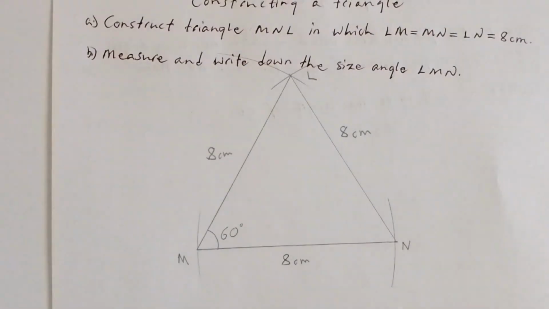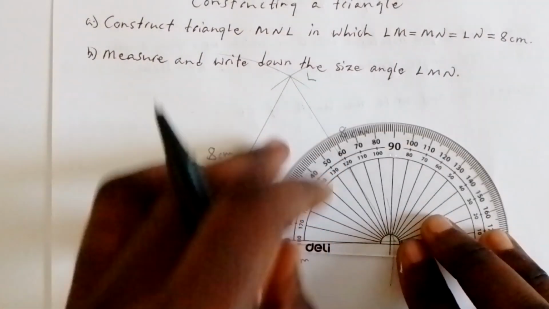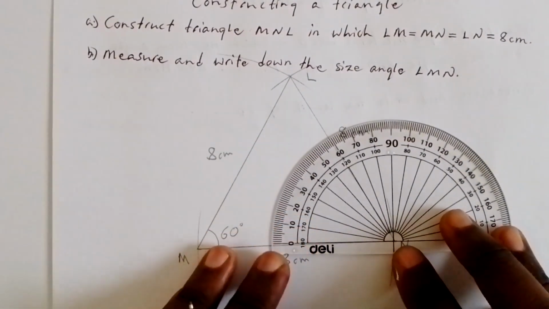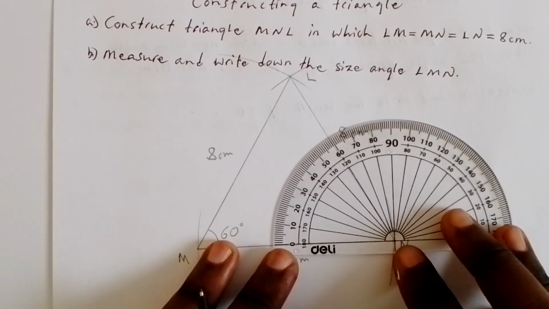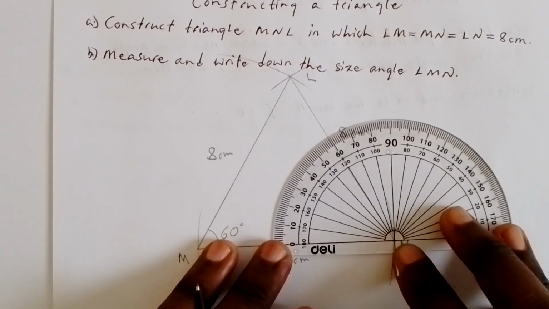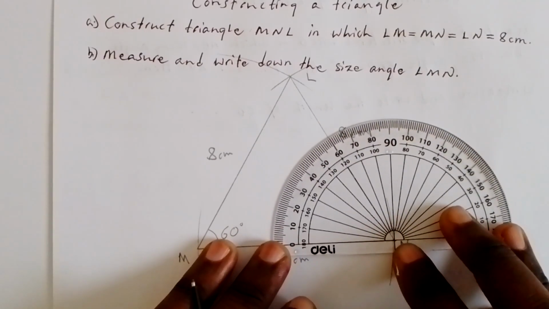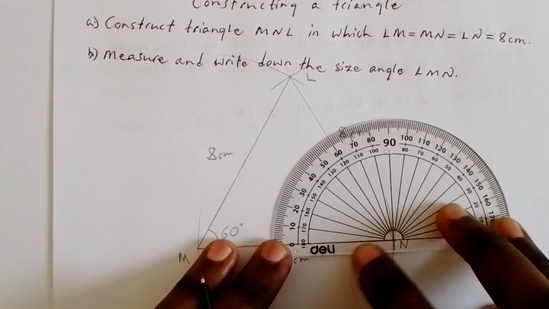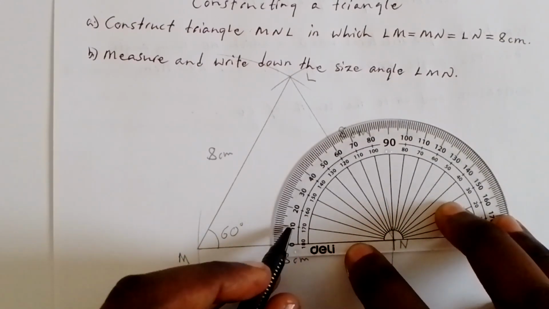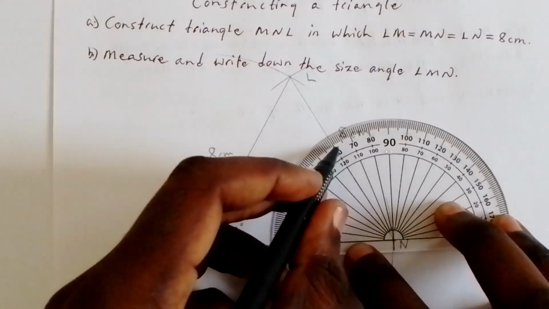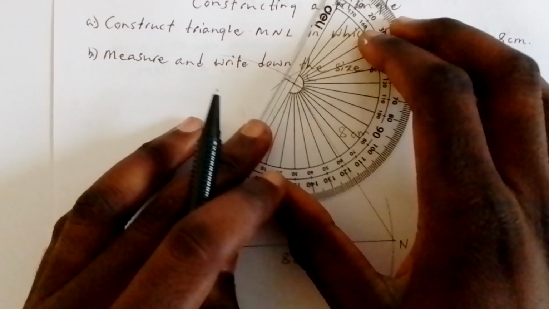Even in any other angle here, if we want, we can measure the other ones. Okay, from the vertex there, we can see from 0, 10, 20, 30, 40, 50, 60 degrees.